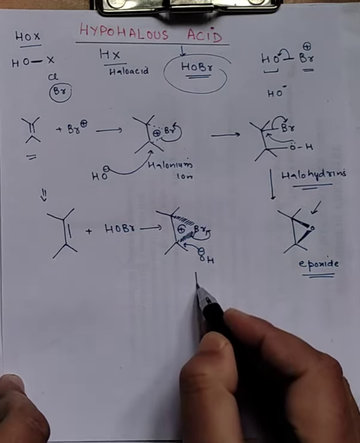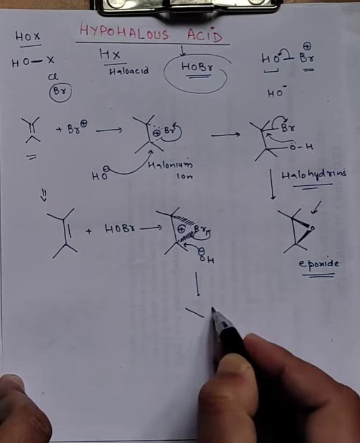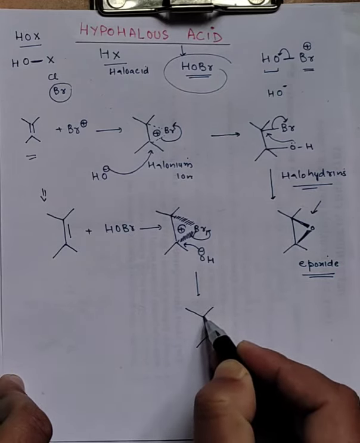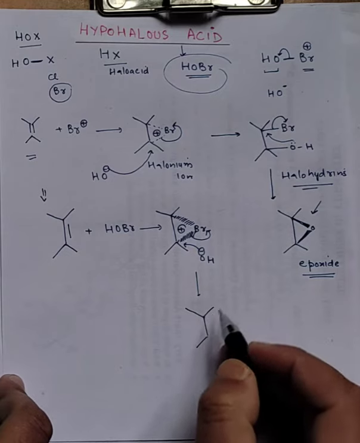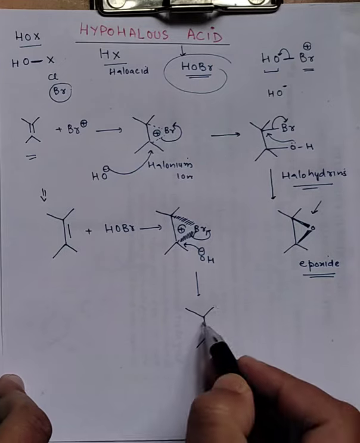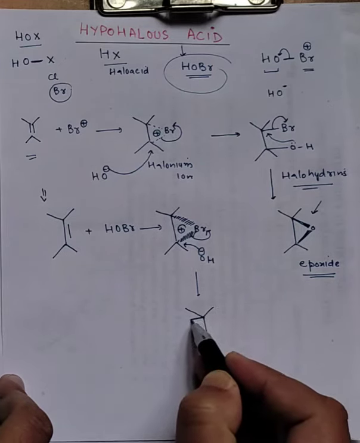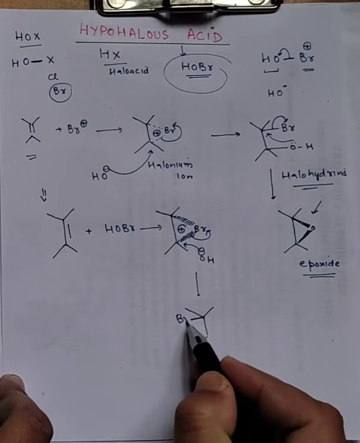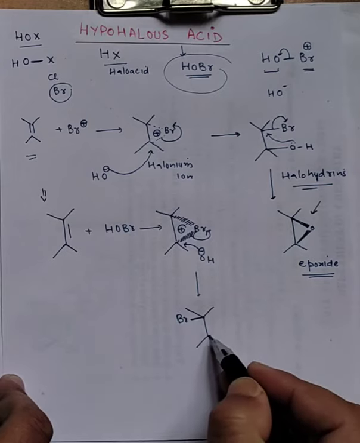So what actually you will get on this side, it's on the back side, since this is on the back side, I will show it here. Back side in the sense that it's downwards. So this is your Br, and now we have a hydroxide here.